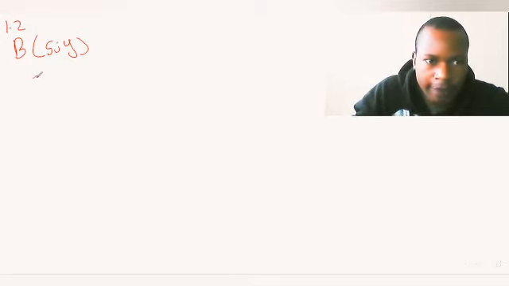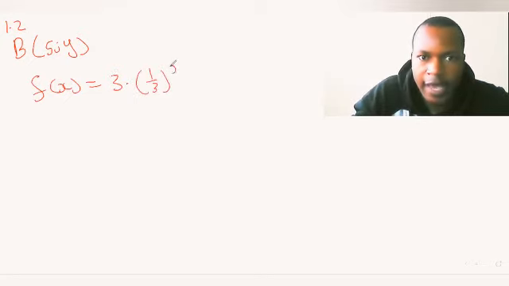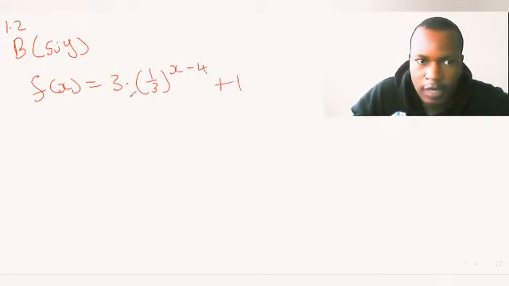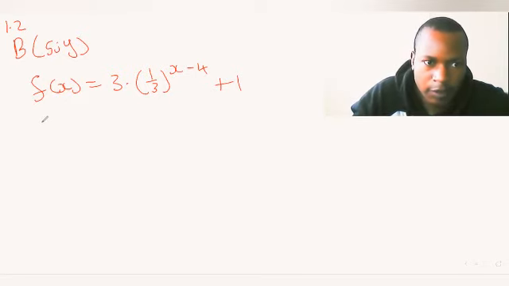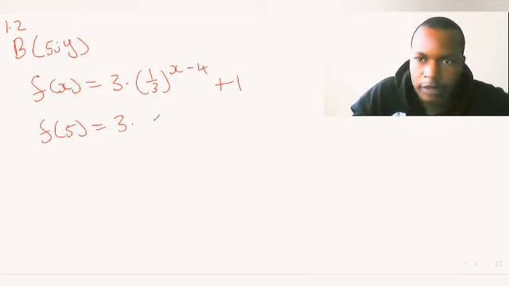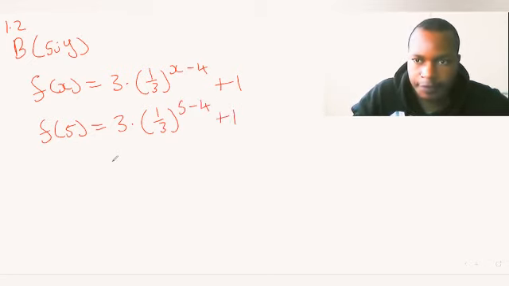So we know that our function f of x would be 3 multiplied by 1 divided by 3 to the power x minus 4 plus the 1. To solve for the y coordinate, we would need to sub in the x coordinate. So that would be f of 5 equals 3 multiplied by 1 divided by 3, where there is the x, we would sub in 5 minus 4 plus 1.